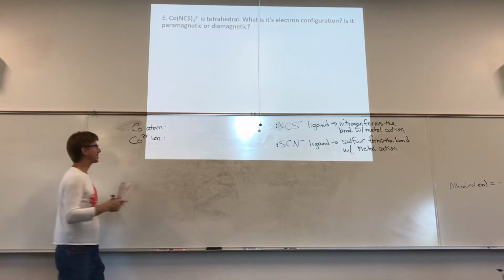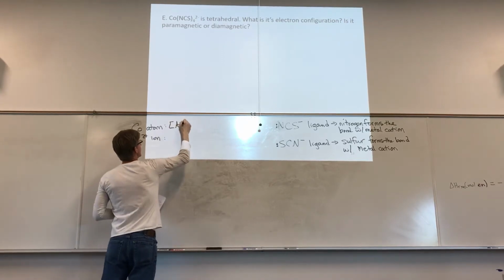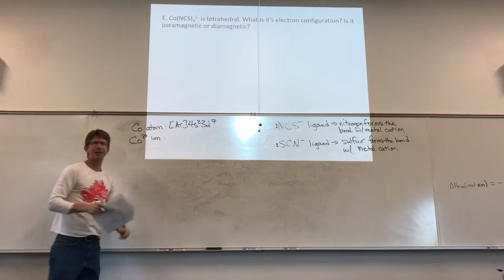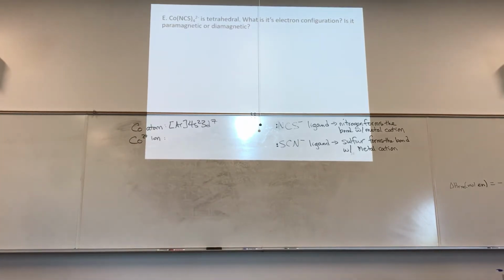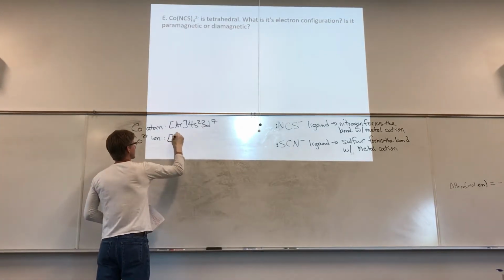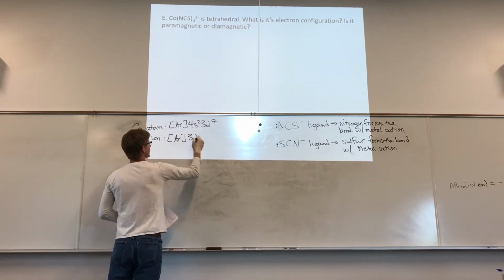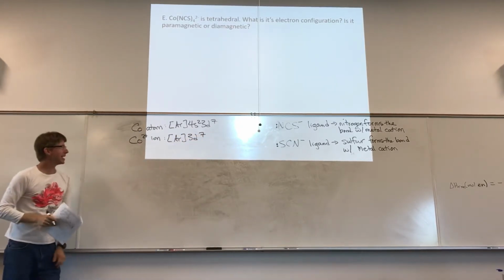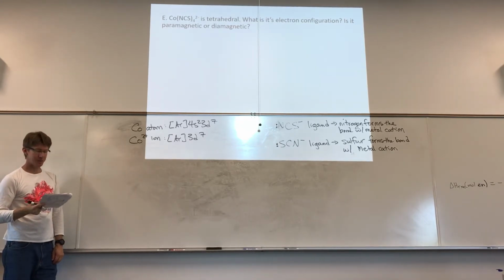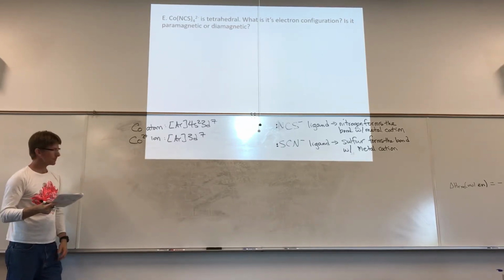Our cobalt atom has an electron configuration of argon 4s2, 3d7. Take the 2 electrons away in 4s, we get argon 3d7. Okay.